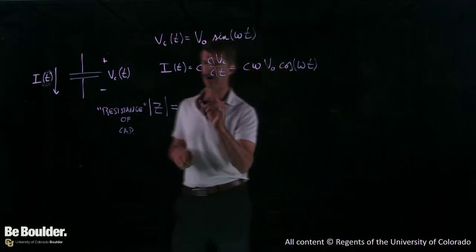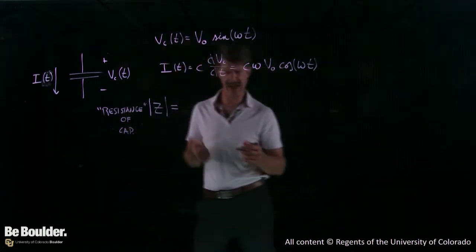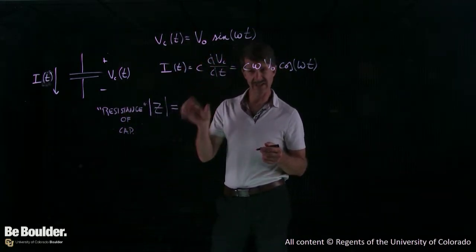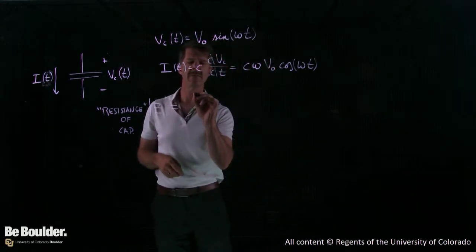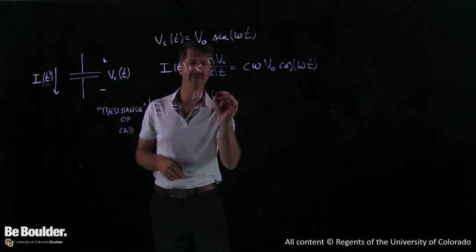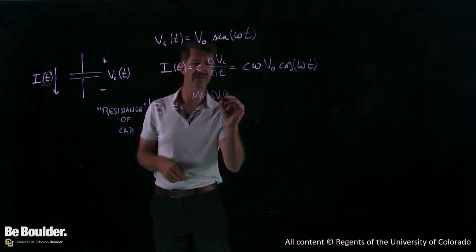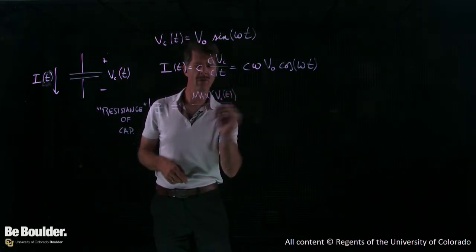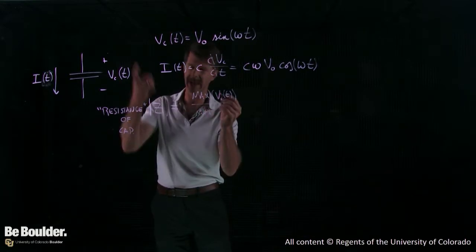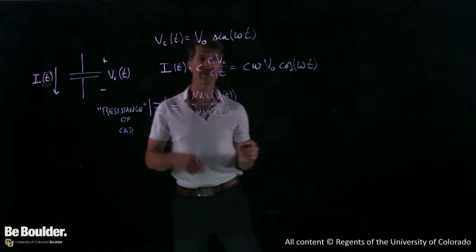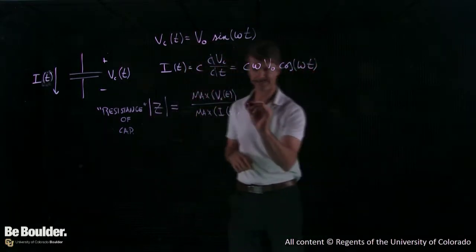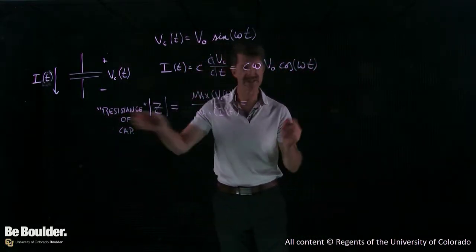If you remember V equals IR, so resistance is like voltage over current. What this will mean is the maximum of V of t, over the maximum, or the amplitude formally, of I of t. And that'll be this concept like resistance.